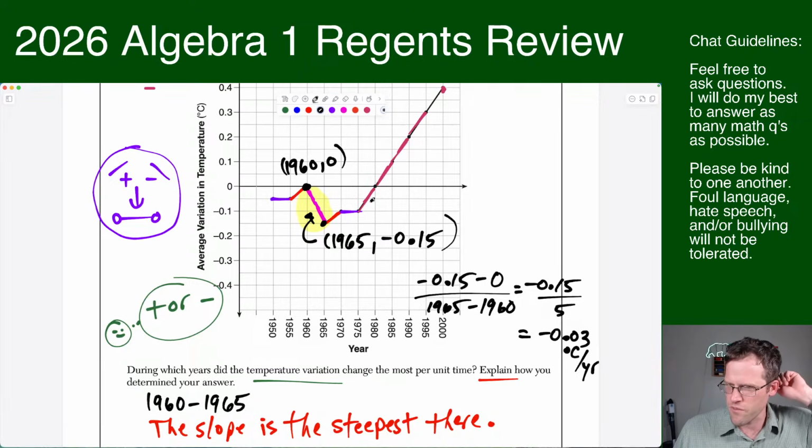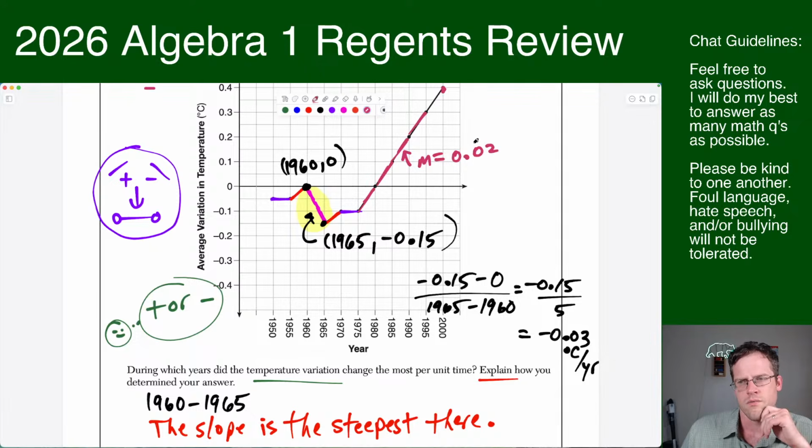And then I would do that for all of them, but this one here, the slope is 0.02 per year, because these are jumping by 5.